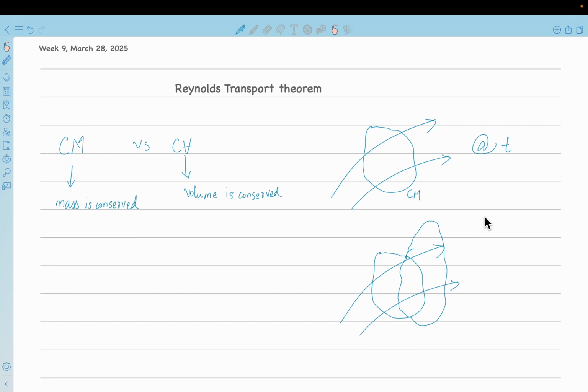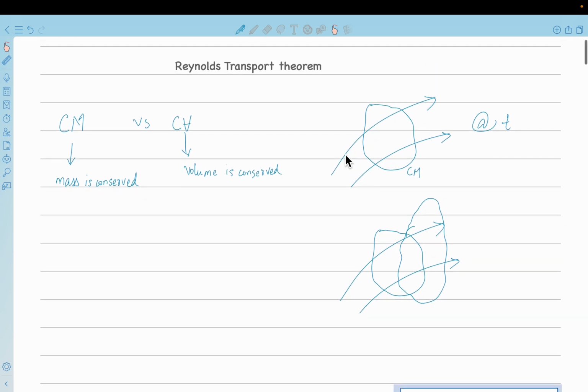So when the fluid is moving, you need not be able to conserve control volume. But we know how to write Newton's law for a control mass system from the control mass perspective. How do we write it from the control volume perspective? That is the question we are trying to answer, and that's where Reynolds transport theorem comes in handy.